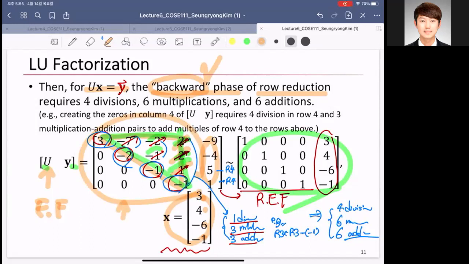This is the echelon form of matrix A. 그래서 로우 리덕션 알고리즘을 기억해봐요. 우리가 로우 리덕션 알고리즘에서 EF 폼으로 가는 과정이 forward phase였고 EF 폼에서 REF 폼으로 가는 과정이 backward phase였어요. 그러니까 backward phase가 똑같다 하는 거죠.